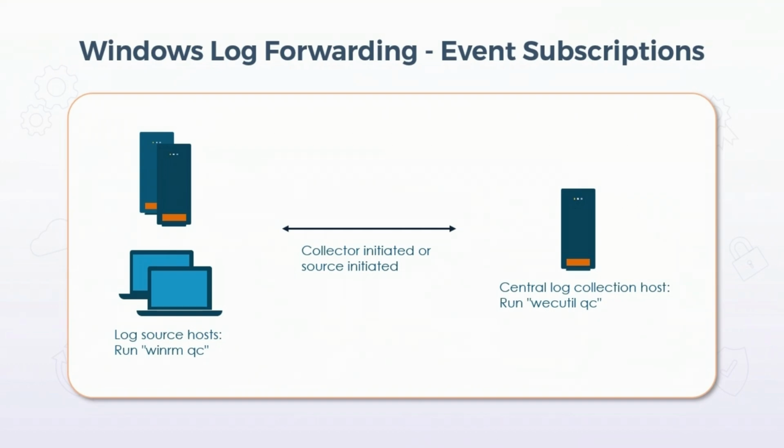Now on the right of our diagram, we have our Windows log collection host where we would run wecutil qc. That stands for Windows Event Collector Utility Quick Config. So we have to enable a listener. Now depending on how you configure your Windows event subscriptions, you can either have it as collector initiated, so our server on the right, our centralized logging host, could reach out over the network every few minutes and gather log entries from our log source hosts.